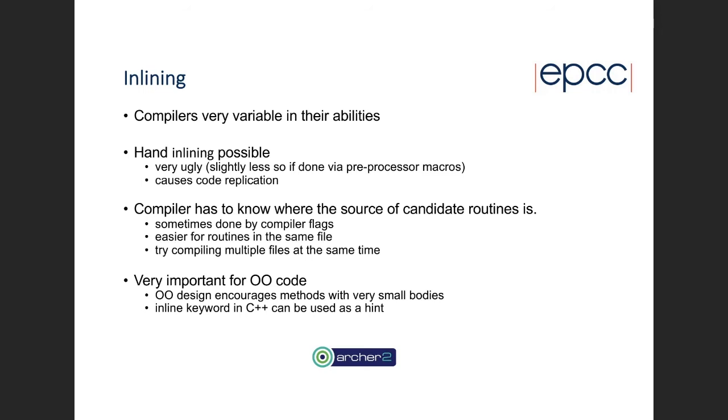In particular, you can use the inline keyword in C++, but you have to be aware that that's just a hint. Okay, it certainly doesn't guarantee that the compiler is going to do it. It just says to the compiler, please consider inlining this thing. But it certainly isn't a guarantee that it's going to happen.